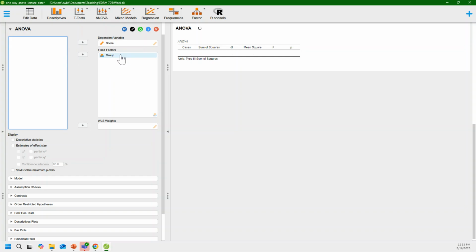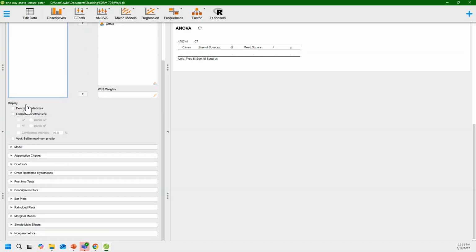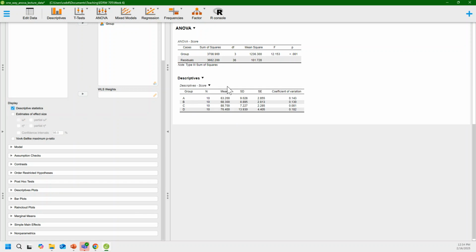And so now that I have this here, I can also get my descriptive statistics. If I click on descriptives here, you'll see it gives me my groups, the sample size, mean, standard deviation, standard error, and coefficient of variation. All right. So if you didn't want to go to that other menu, you could have done that here.